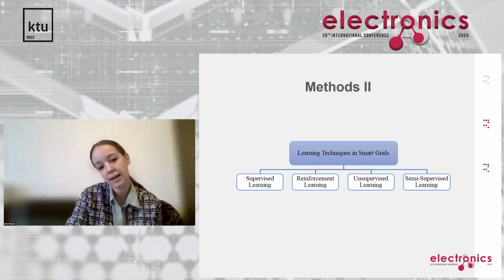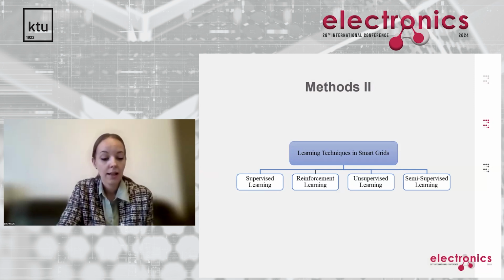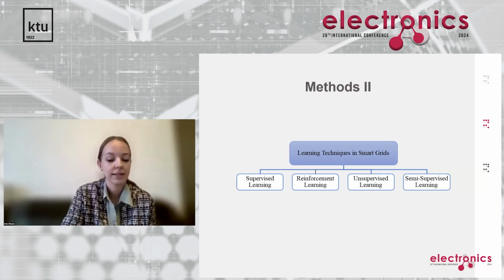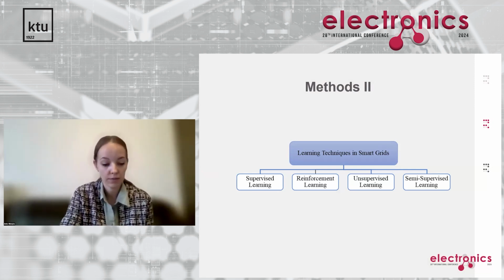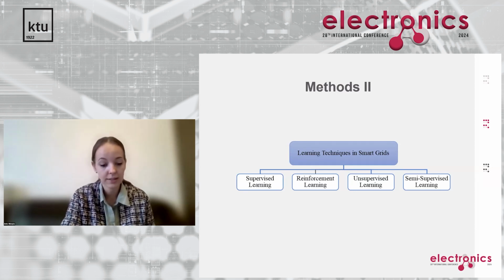Regarding the learning types, according to the literature, there are four main ones. When learning and testing data are all available, together with solving regression and classification issues, that is all part of supervised learning. Reinforcement learning is utilized in situations when testing and learning data are unknown before the learning process.